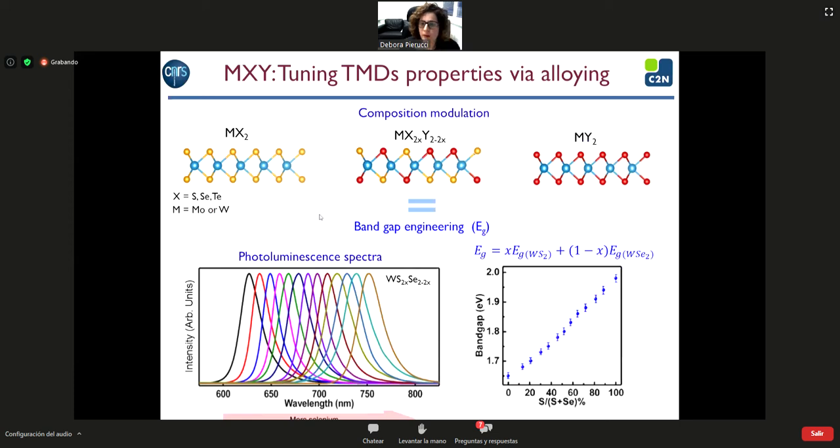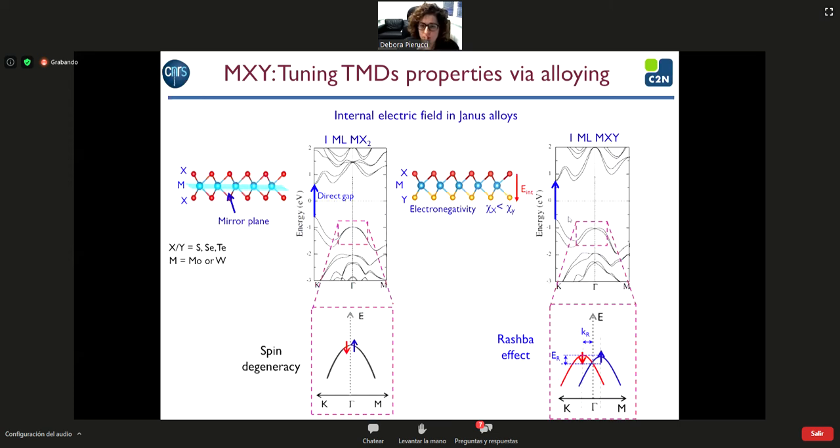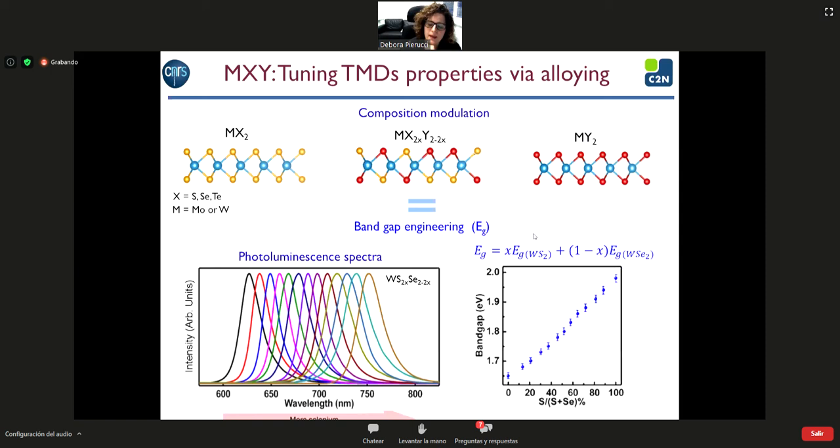Another important thing is that the theory predicts for this material, as for the standard TMD, a direct band gap at the K point of the Brillouin zone. This is interesting because we can also modulate the composition of this alloy, the relative ratio between the different chalcogen atoms, and so we can modulate the direct band gap of this system, and we have this linear variation of the band gap.